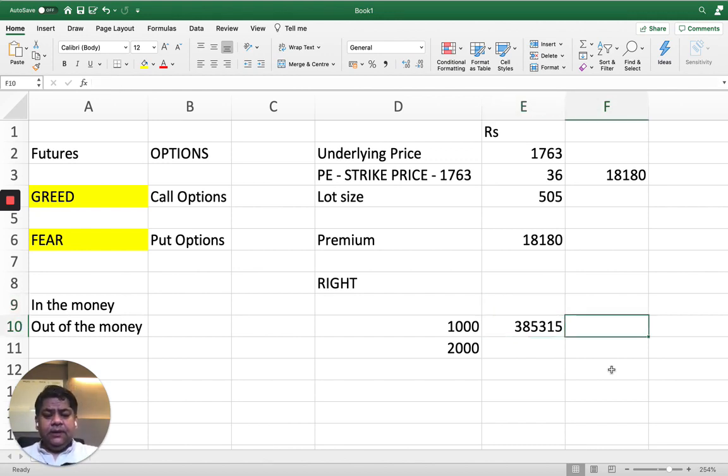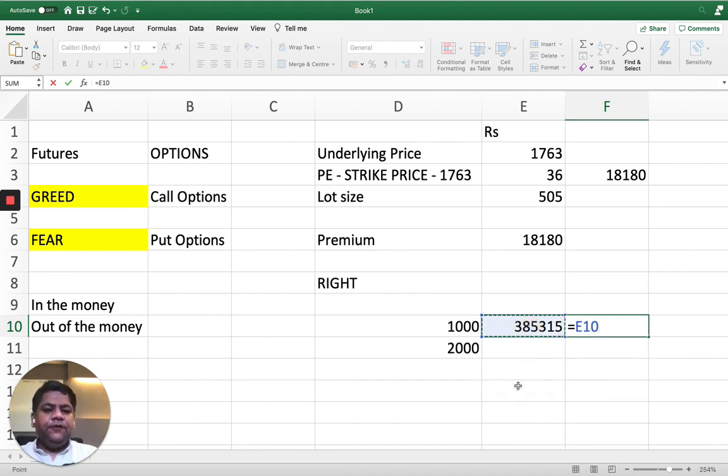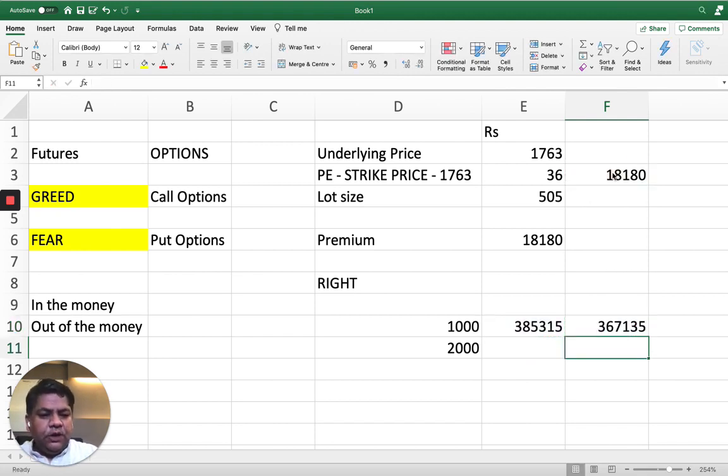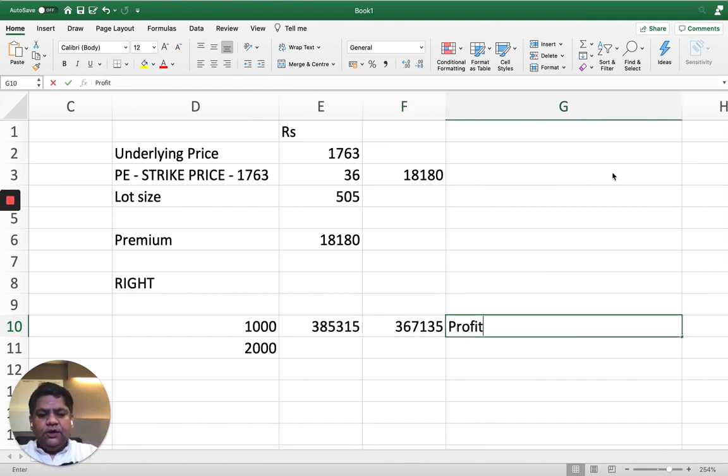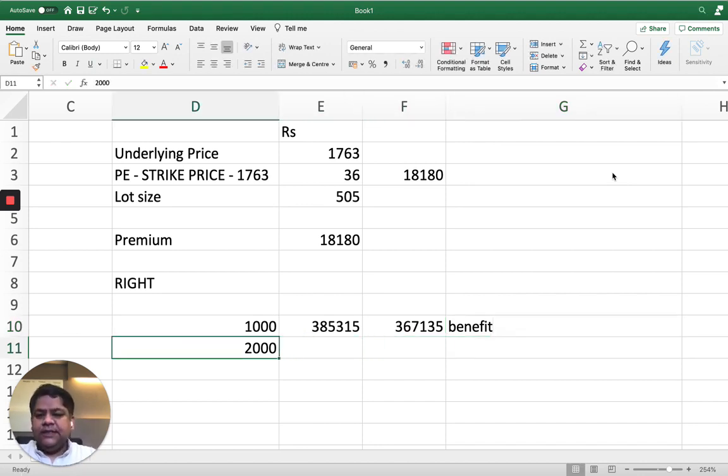But then, is it the real profit which you get out of exercising the put option? No. What is the real benefit you get? The real benefit which you get is that you have to subtract the premium. So this is the profit, or you can say the benefit, you get when you buy this put option in this example.